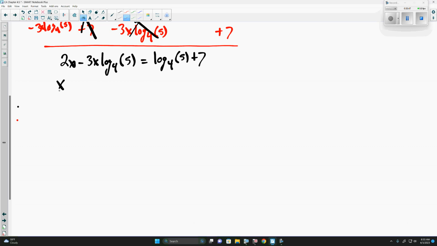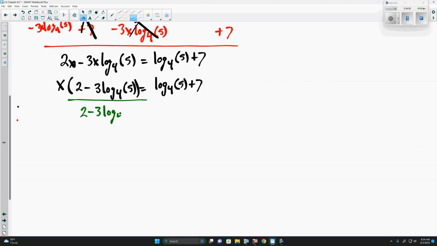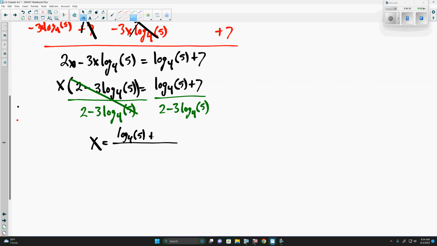We still have to factor the x out, giving us x times 2 minus 3 log base 4 of 5 is equal to log base 4 of 5 plus 7. Divide both sides by 2 minus 3 log base 4 of 5. These will cancel, giving us x by itself. Log base 4 of 5 plus 7 over 2 minus 3 log base 4 of 5.